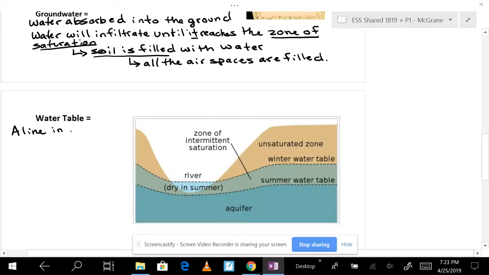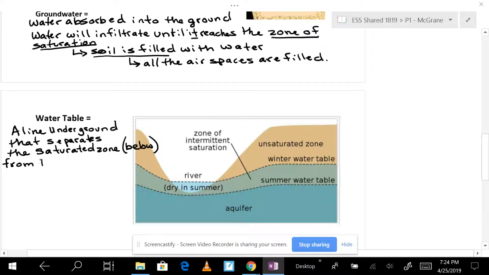So it's a line in the ground or underground that separates the saturated zone, which is below, from the unsaturated zone. And that's above the water table.